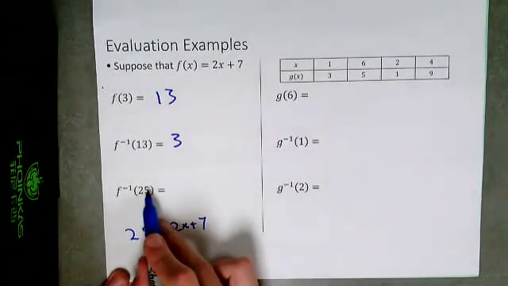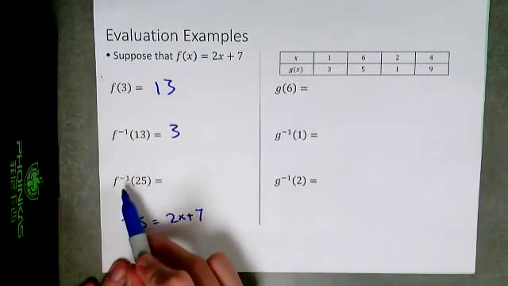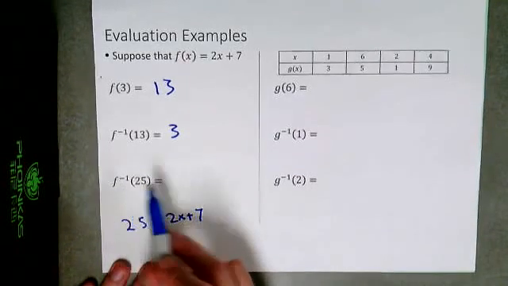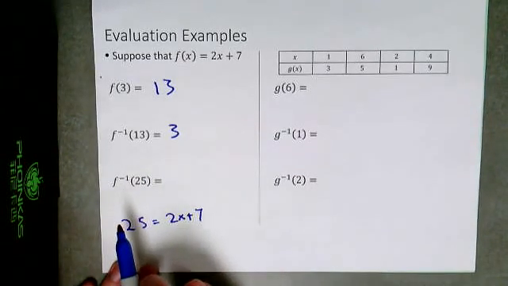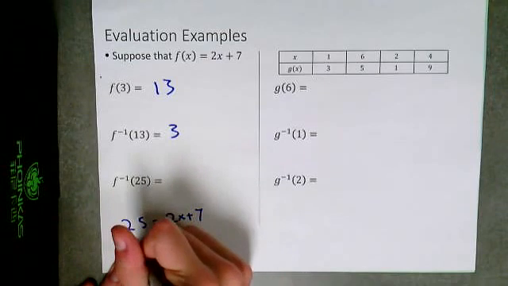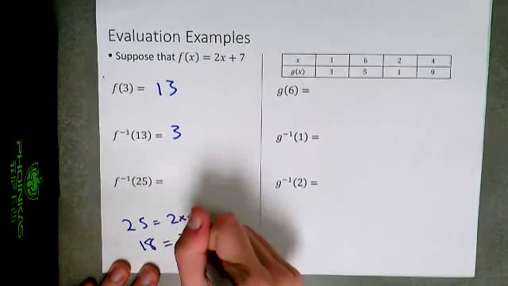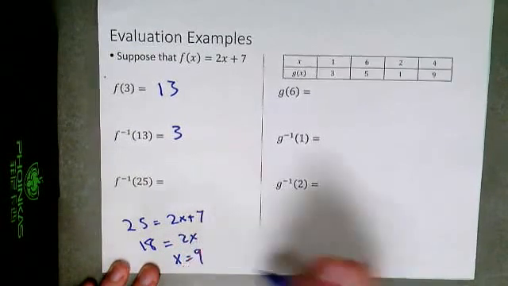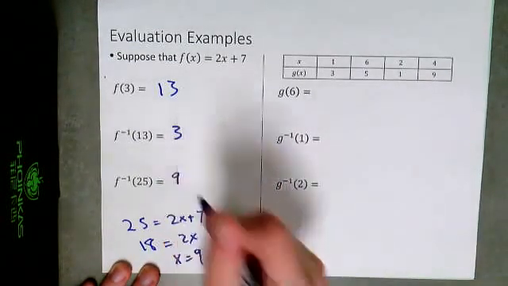This is the input of our quote unquote g function. This is the input of our inverse, which is the output of our original function. So if we solve for this, we get 18 is equal to 2x, x is equal to 9. So this guy would be 9.